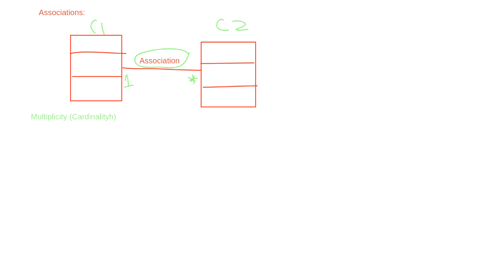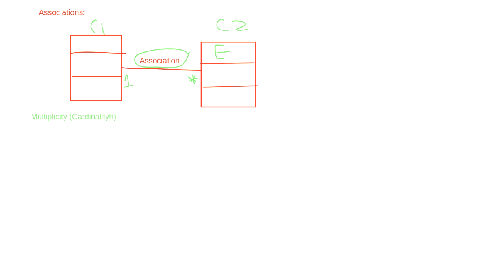For example, call this an employee class: you can have one or more employees, there are many employees, but all these employees belong to only one company.